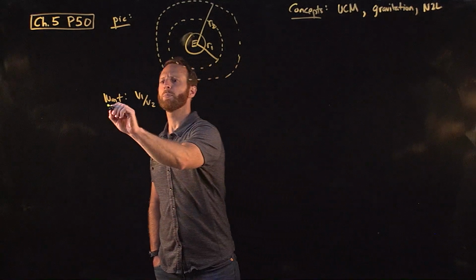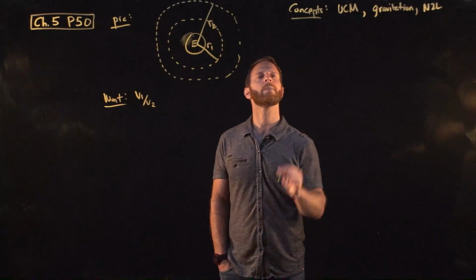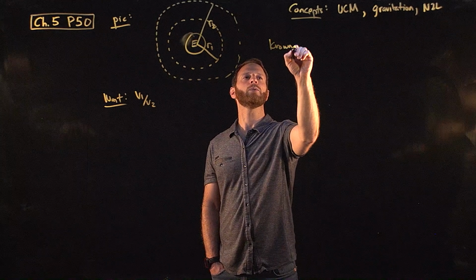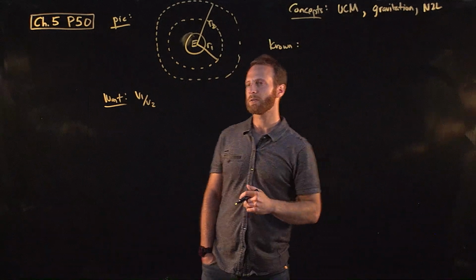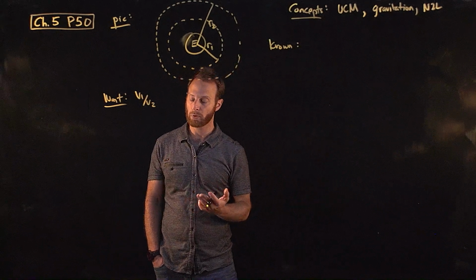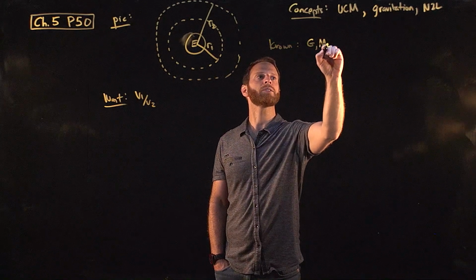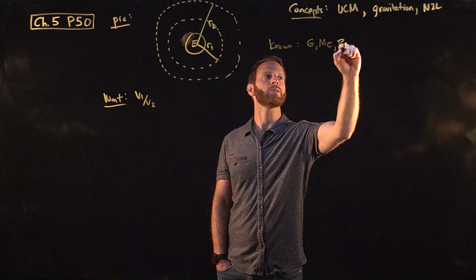All right, we have a picture, we have what we want, concepts. Now let's write down the knowns. We're not told what the masses of any of the satellites are. Hopefully we don't need them. We do know G, and we can look up the mass of the Earth and the radius of the Earth.